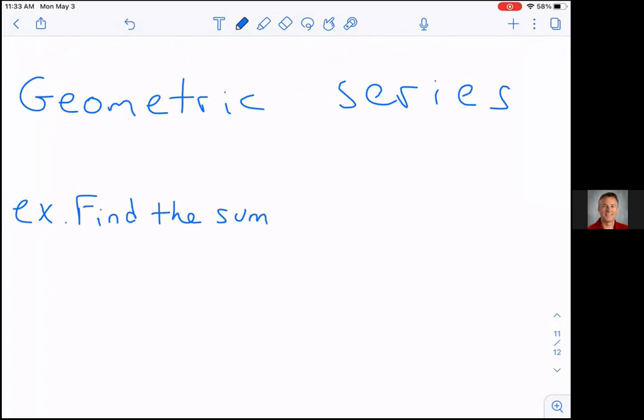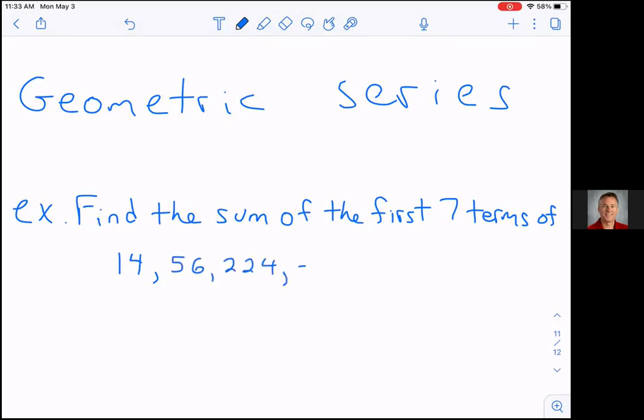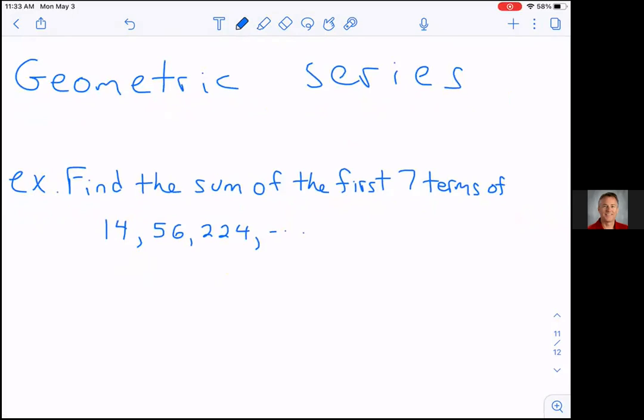So find the sum of the first 7 terms of this string of numbers, 14, 56, 224, and let's say that that is our pattern.